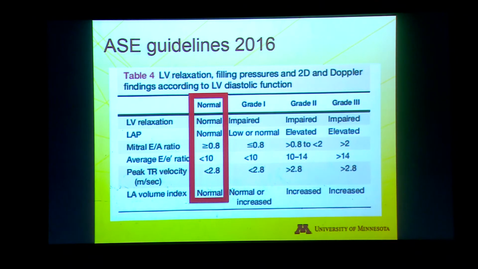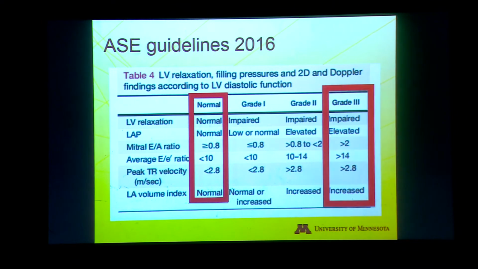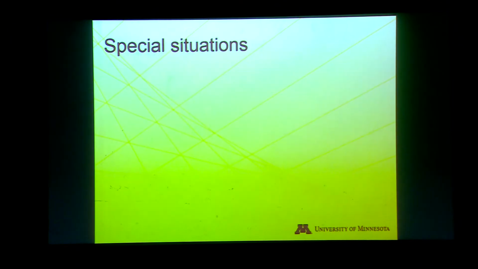You look at the E by A ratio, if it's more than 0.8, then you go through this, even less than 2.8 for the TR velocity, then it's normal. And this is the best part, when you're in the perioperative period, you look at the E by A ratio, if it's more than 2, then you don't have to do much else. Then the patient has diastolic dysfunction.